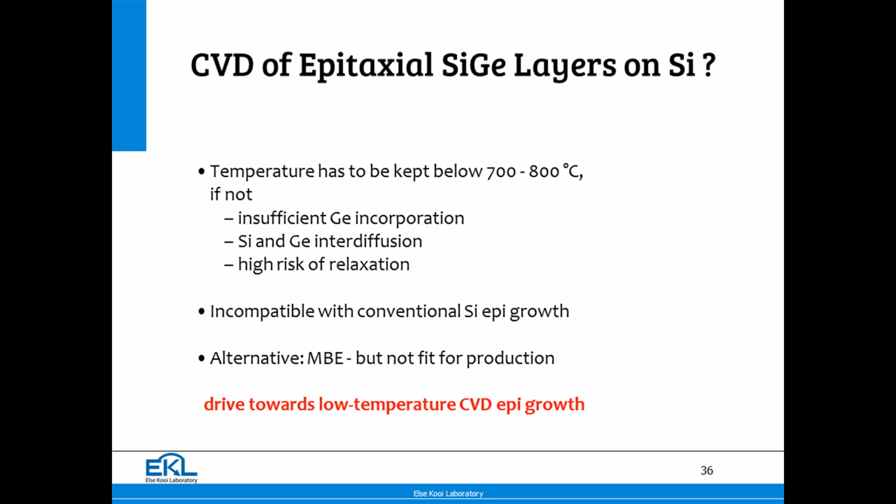Well, the ASM single wafer reactor existed, and in those days there was a high need to do something better than UHV CVD, because UHV CVD in production is very difficult to maintain. And I thought, well, this new reactor, let's see how low we can go.